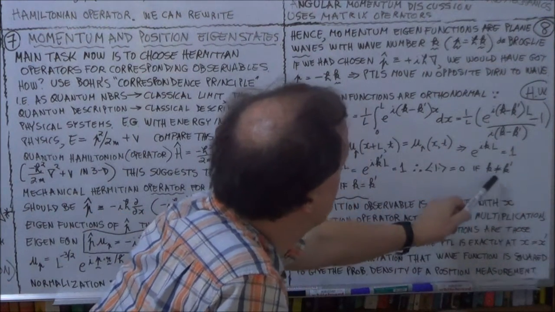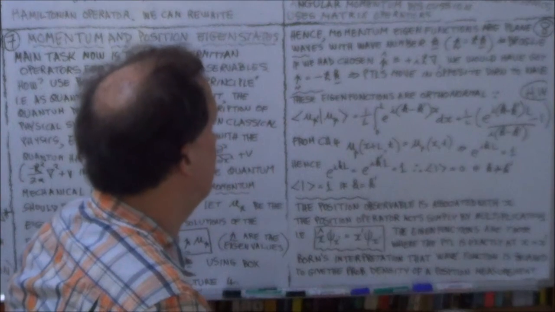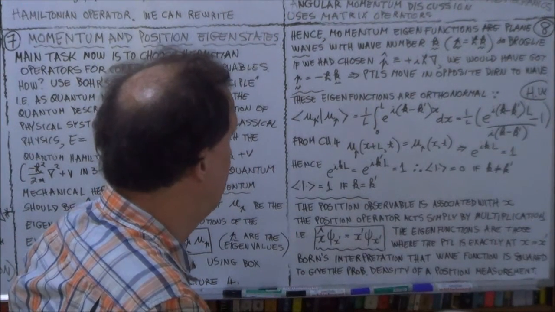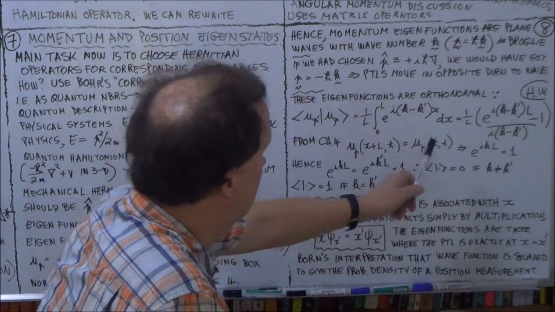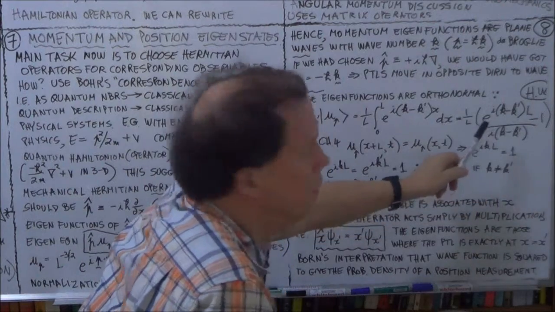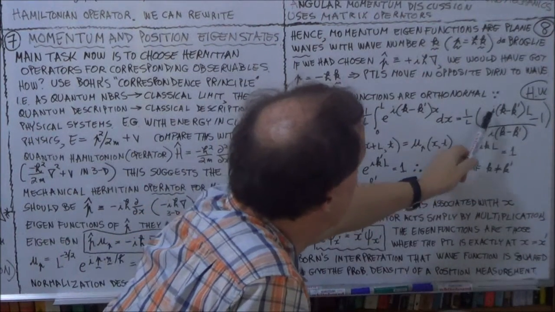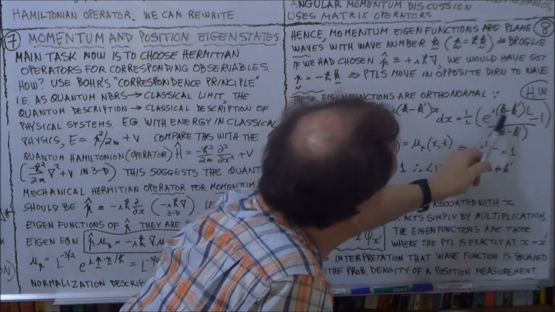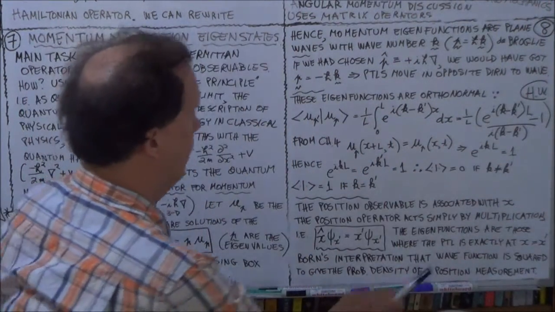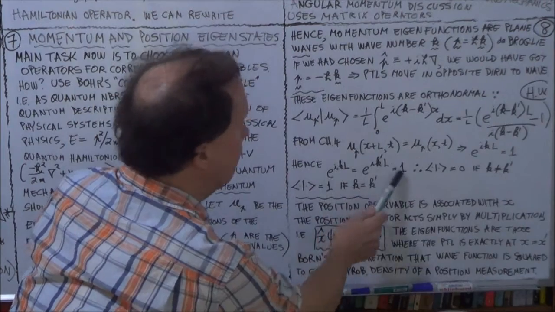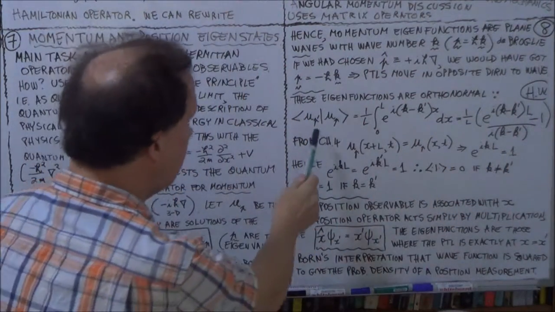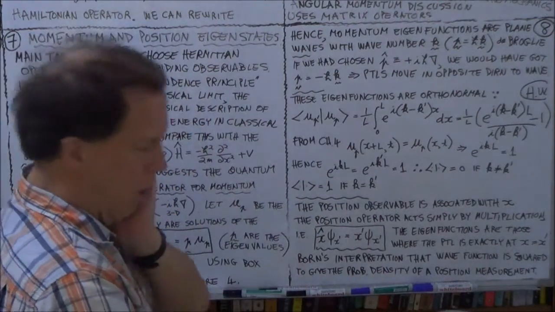If k and k dashed are different, then you'll get here e to the i kL times e to the minus i k dashed L. Now they're both 1, so you've got 1 minus 1 is 0, and therefore they're orthogonal.